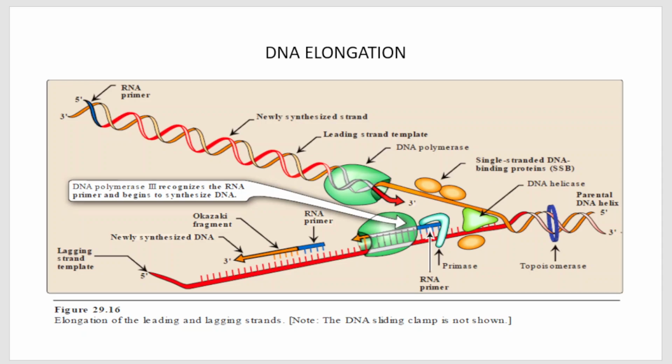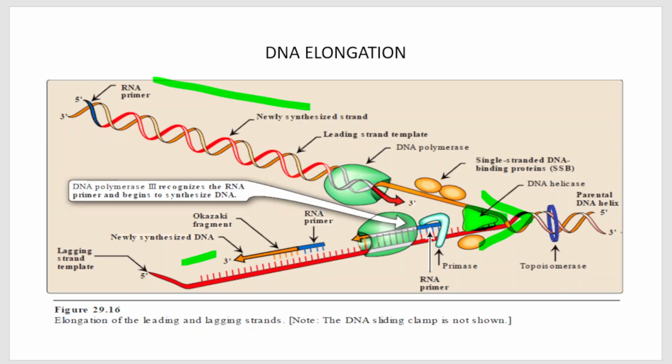So look at this picture. If you see this picture, you'll be able to understand the whole thing. This is the leading strand and this is the lagging strand. So why do you say it is the leading strand? See, this area is the replication fork, where the DNA helicase is.